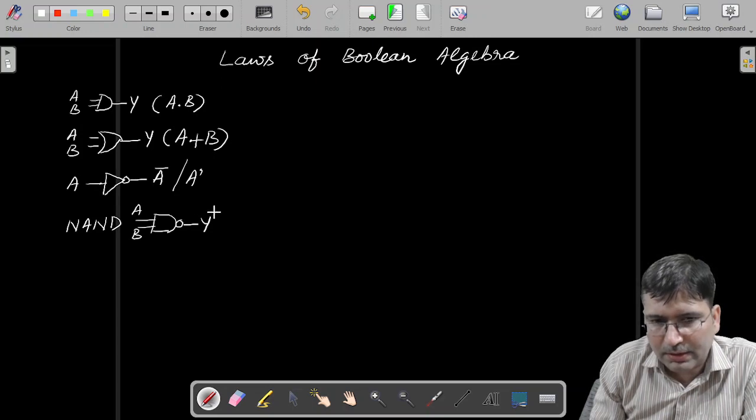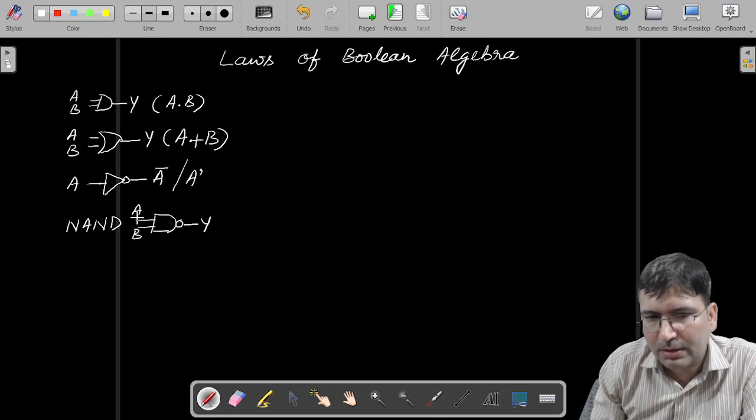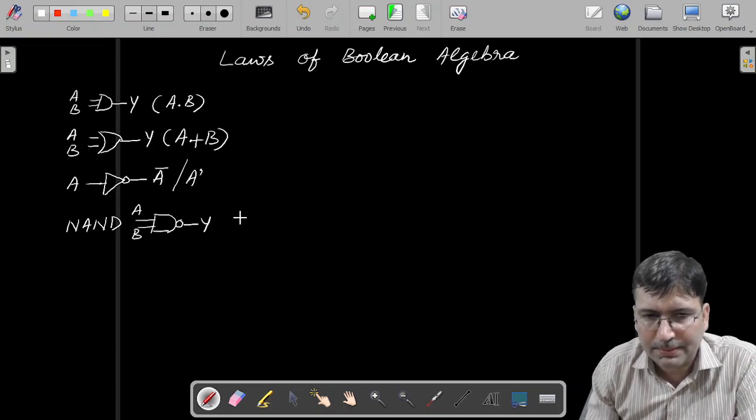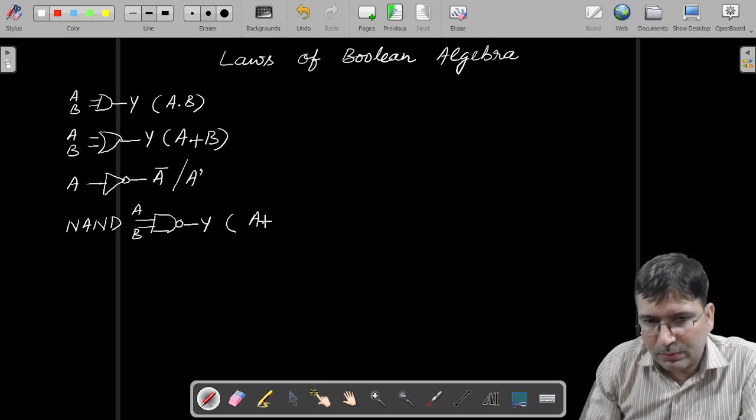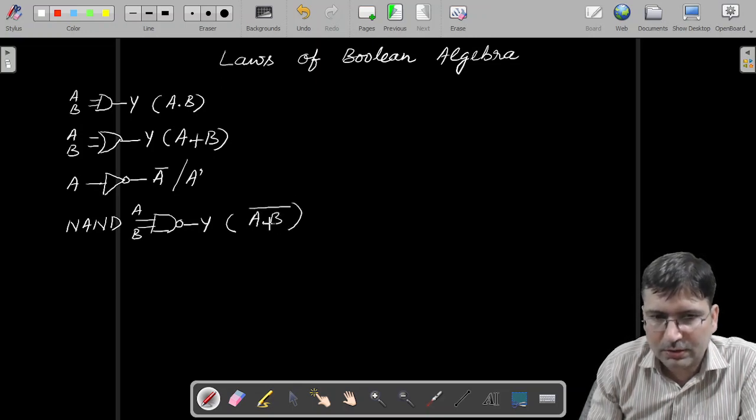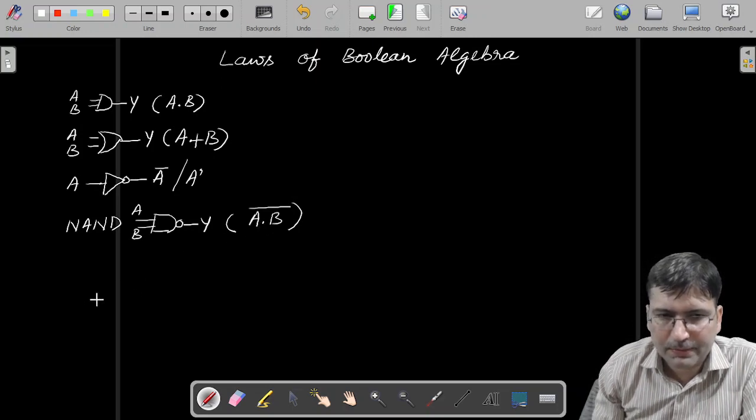Otherwise I would need to consider Y dash. So just consider this is the output of a NAND gate which has inputs A and B, right? So this Y will have the Boolean expression A dot B whole bar, because it is the negation of AND gate.